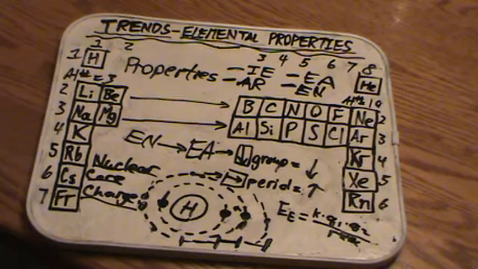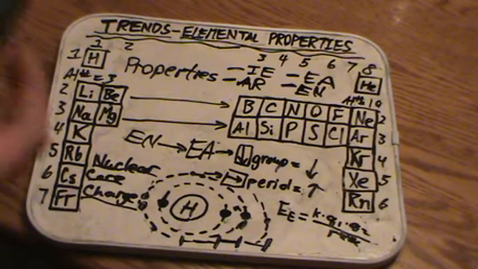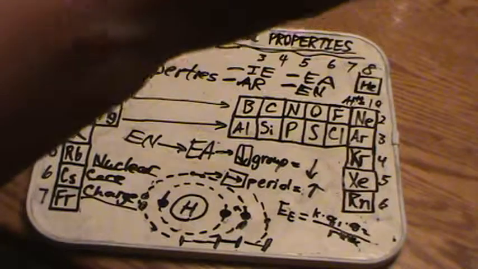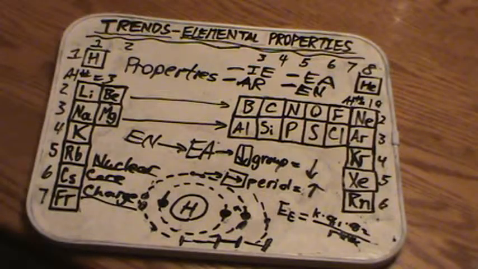So electron affinity, as we said in the previous video and now in this video, is the energy release, the energy that is created when an electron is accepted into the valence energy level, the energy between this electron and the nucleus.